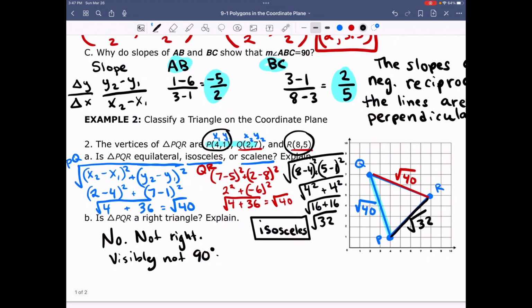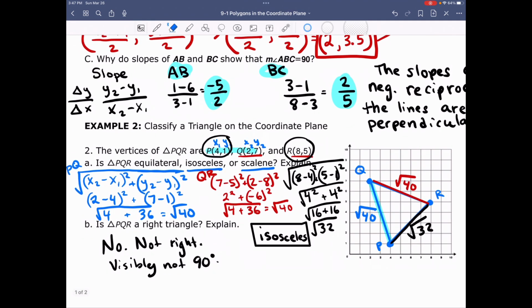That's our explanation. Okay, that completes our notes for the first two examples, and then we'll continue with the back side of our notes tomorrow.